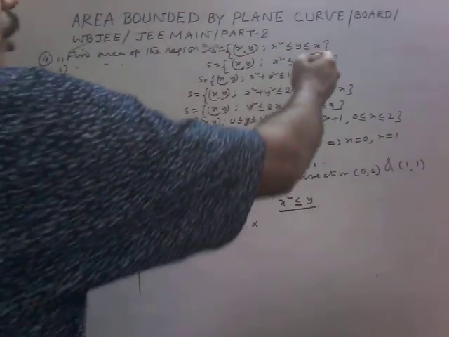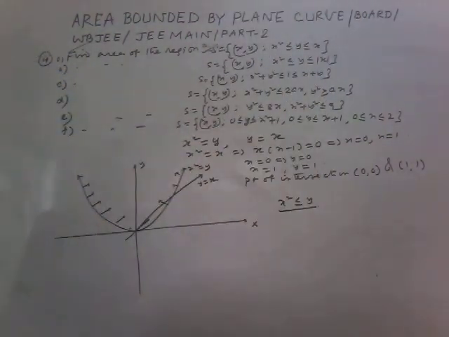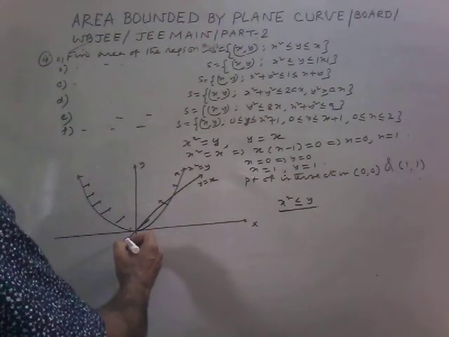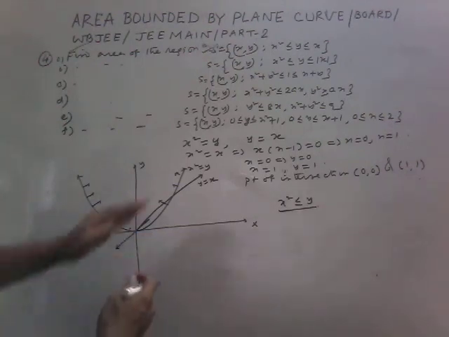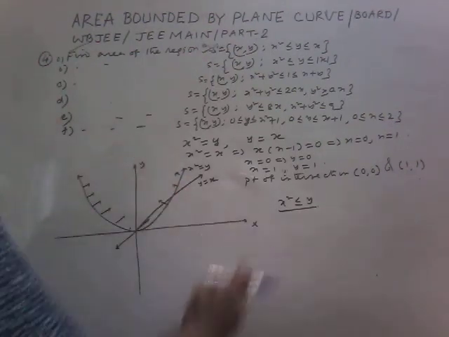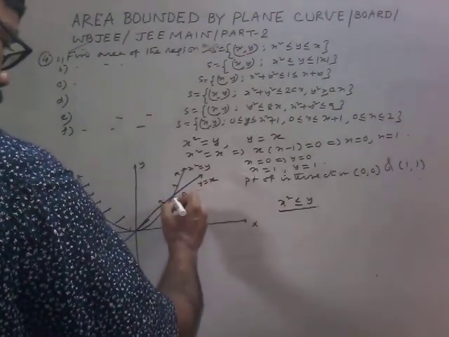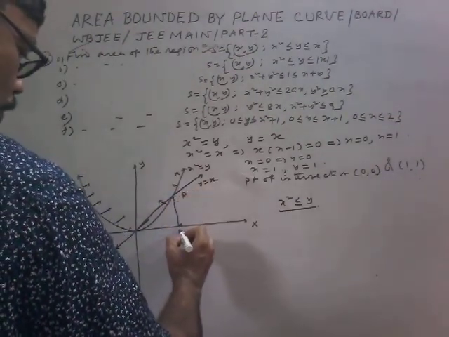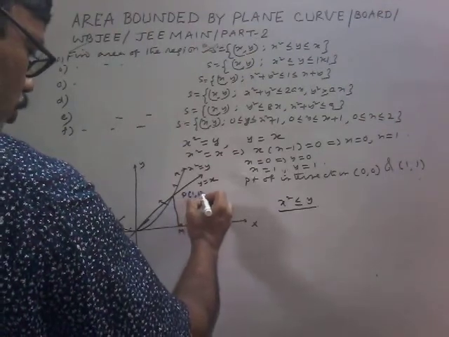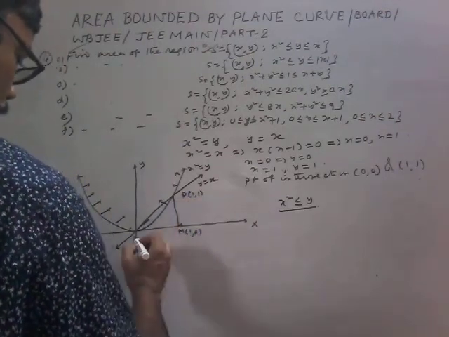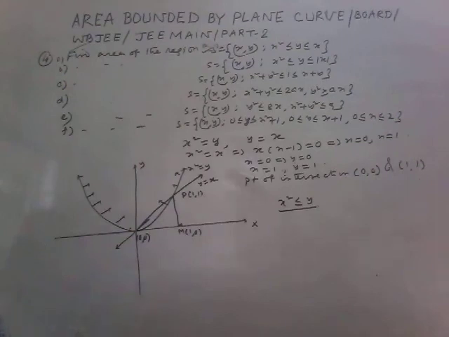Now y less than or equal to x. So this is y equals x, and less than means either this side or this side. Suppose this one is P, so this is PM, this is (1, 1), this is (1, 0), this is (0, 0).